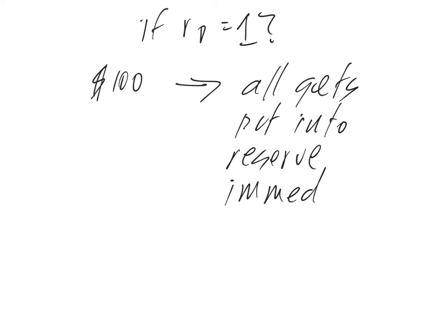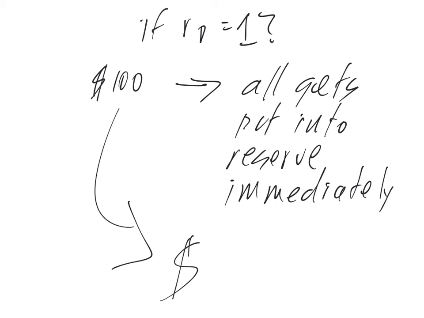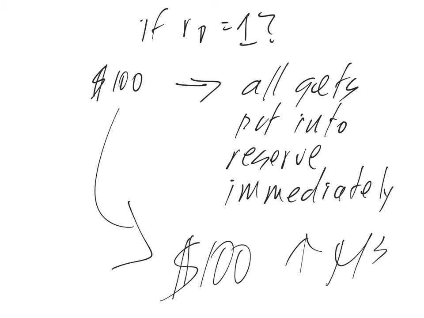So that $100 supports only a $100 increase in the money supply. That's if RD equals 1. So that's where banks have to keep 100% reserves. Problem is, how are they going to make money? If I deposit $100 and it all goes into the vault, how is the bank going to make any profit? How is it going to be able to pay me interest? Okay, so I need to do a little bit more before we're done with this chapter.